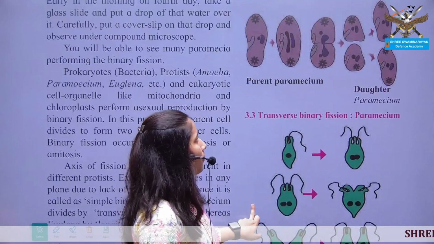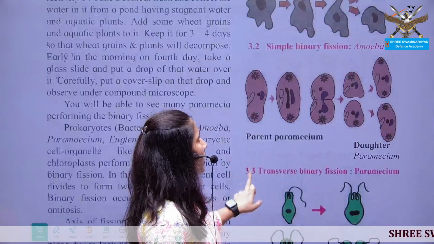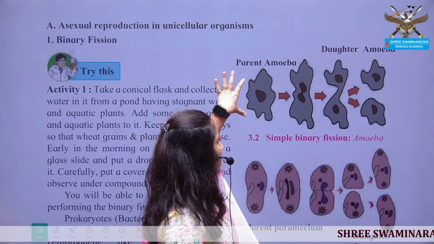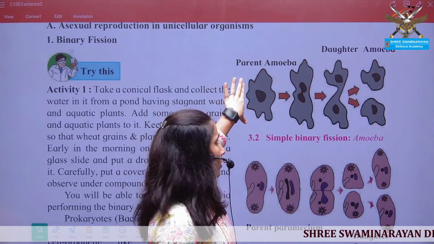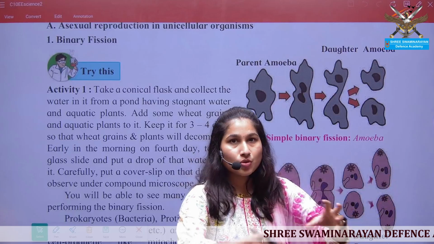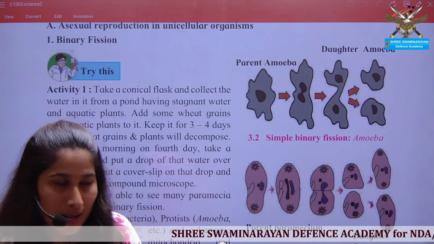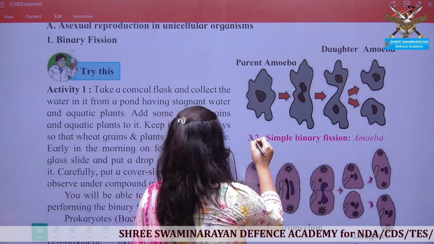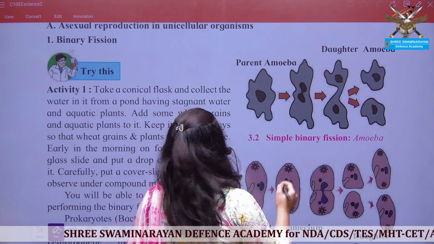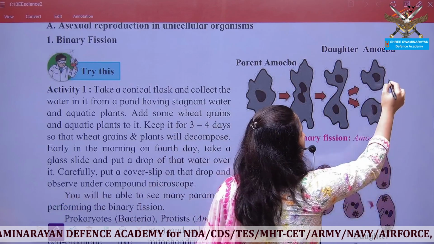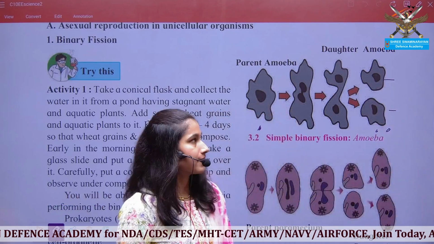With the help of pseudopodia, this organism moves. So how does it reproduce? From a single cell, it divides its nuclear material, then the cytoplasmic content, and from a single cell it gives rise to two daughter cells.